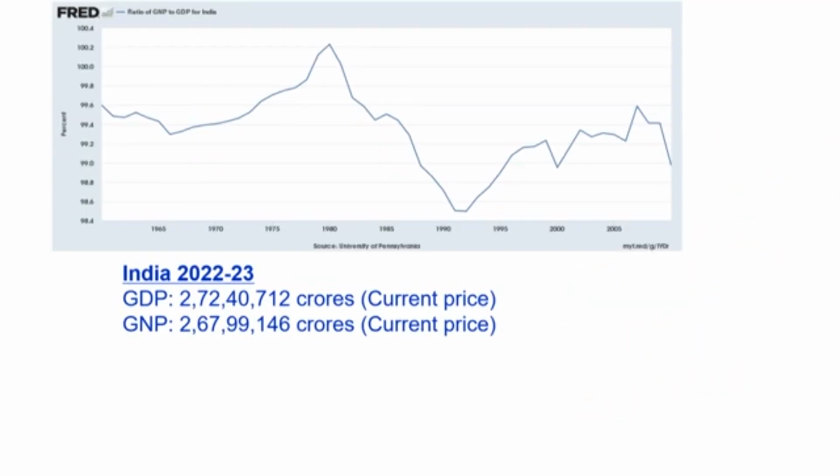I am showing you some GDP and GNP data for India over a period of time, collected starting from the 1950s to 2023.